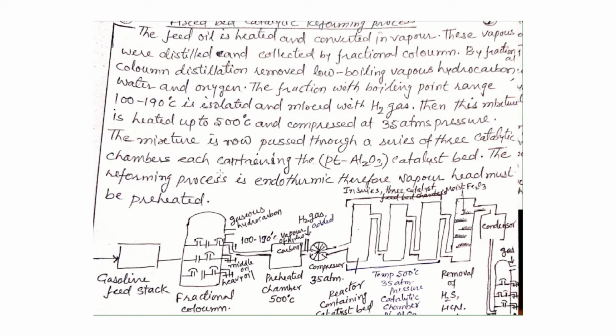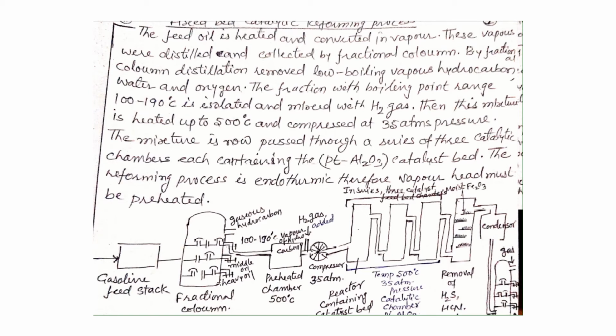According to this diagram, the feed gasoline is first passed into a preheated chamber, from where the vapors come out, and by fractional distillation the lower hydrocarbons C1 to C4 and gaseous hydrocarbons are separated.